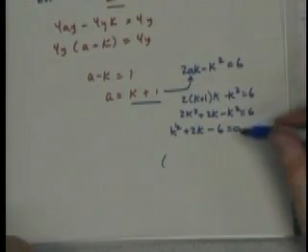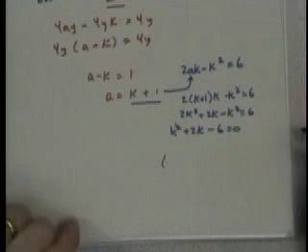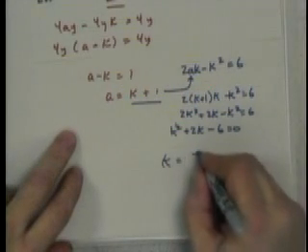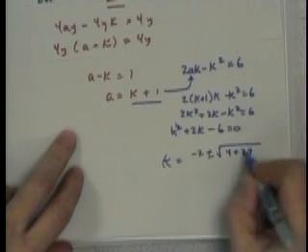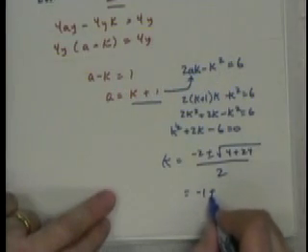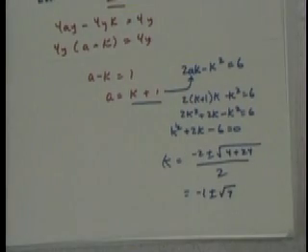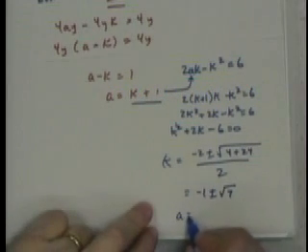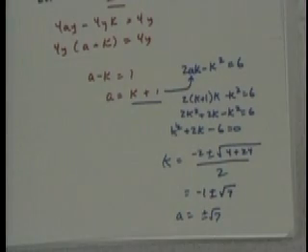I'd have to, let's see, b squared minus 4ac is going to be positive. So I can force this to work where k is negative 2 plus or minus the square root of 4 plus 24, all over 2, which is negative 1 plus or minus the square root of 7. And a is just going to be that plus 1. So I guess I can make it work.